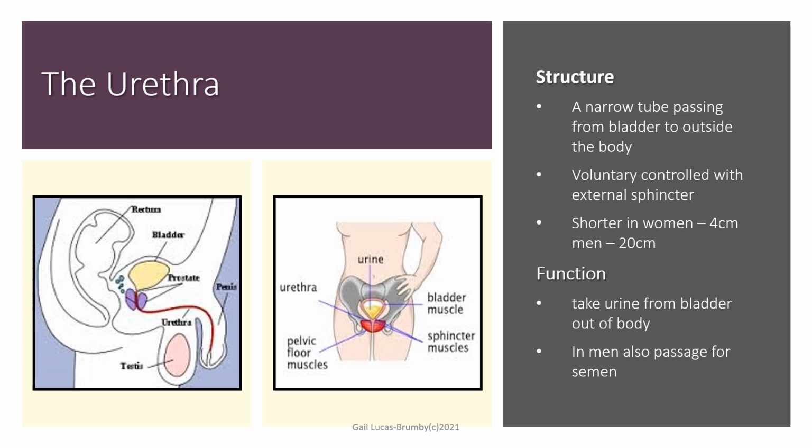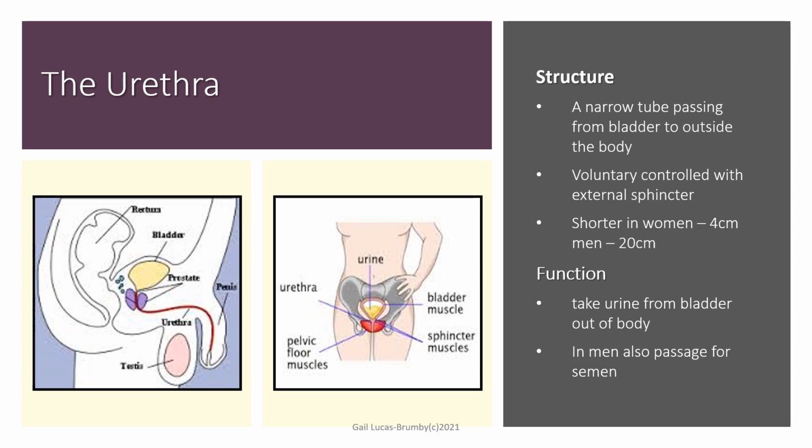And in men, it acts as part of the male sexual reproductive organs as well. So the urethra in a man is also a passage for semen. So in a man, the urethra has 2 functions: to take urine out of the body and also to act as a passage for semen.